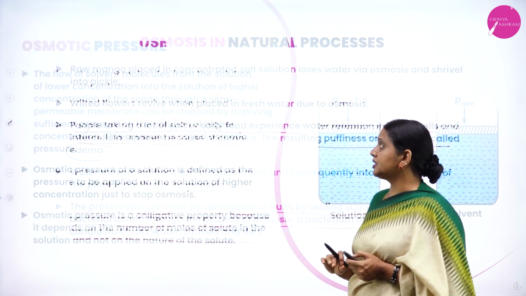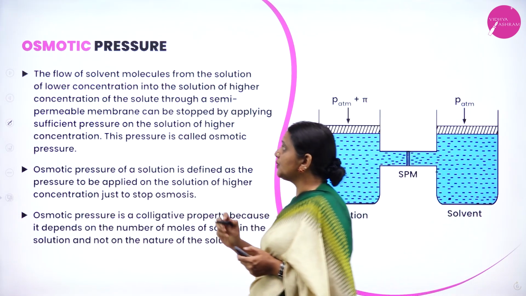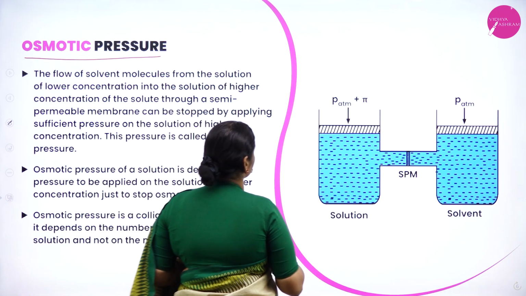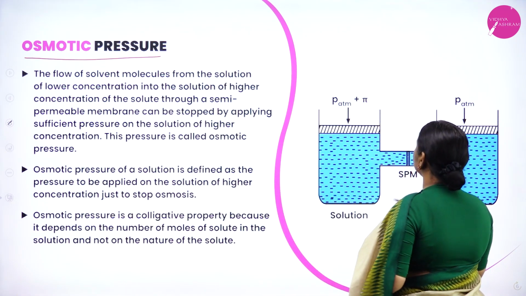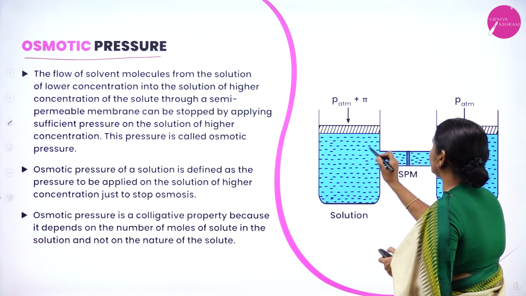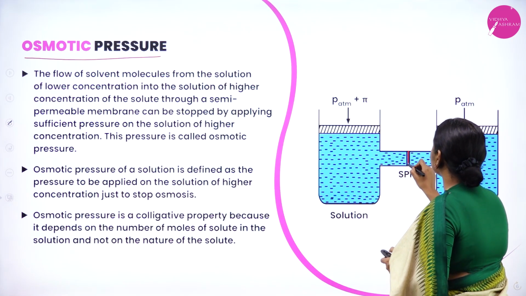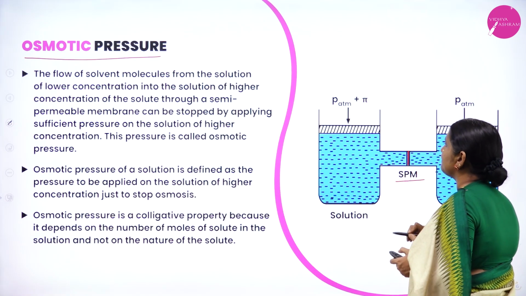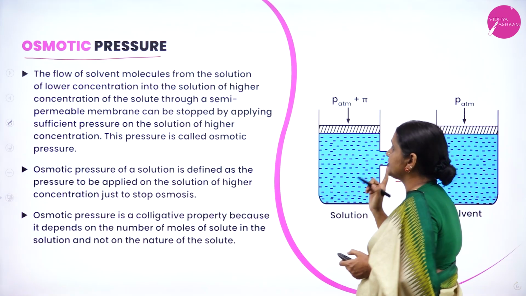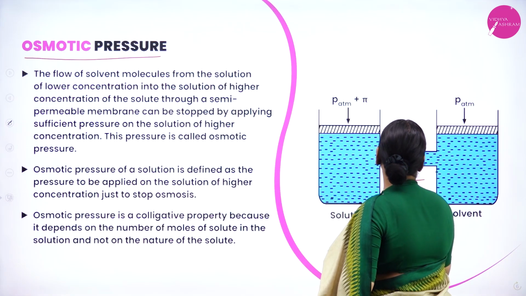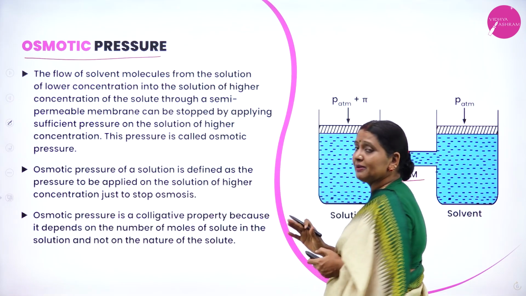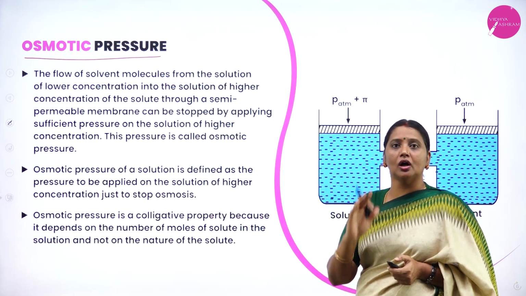Now after osmosis, you should know exactly what osmotic pressure is. Let us consider a solvent and a solution separated by a semi-permeable membrane. The flow of solvent molecules from the solution of lower concentration to higher concentration through the semi-permeable membrane is known as osmosis.